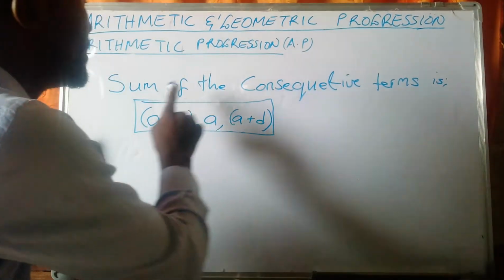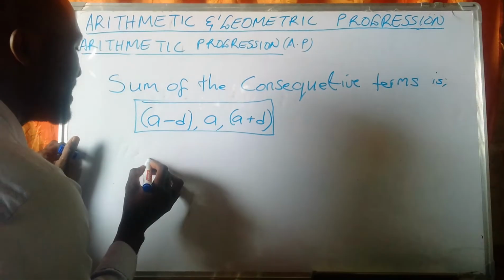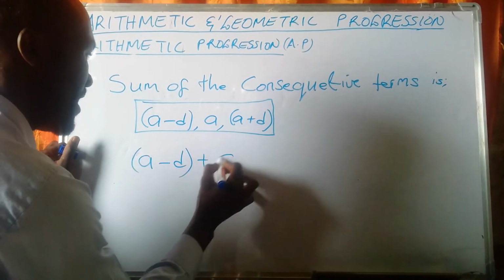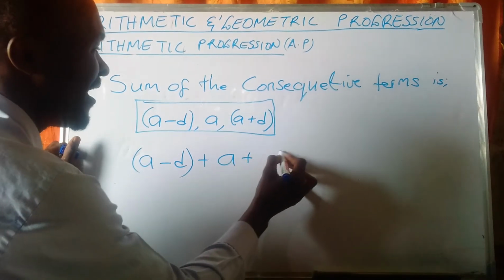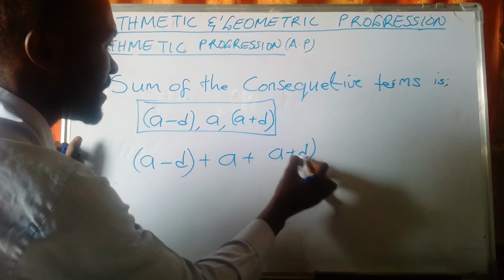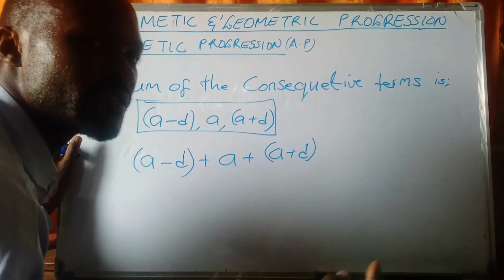The sum of the consecutive terms is given as (A minus D) plus A plus (A plus D).